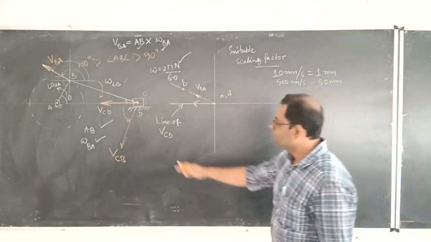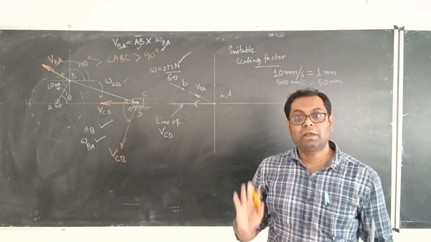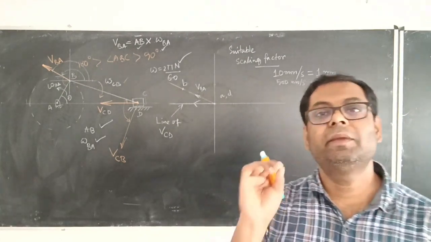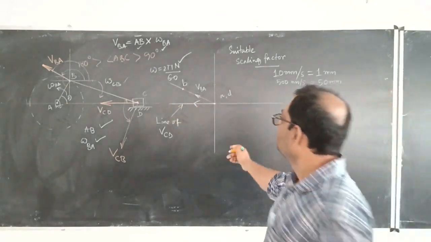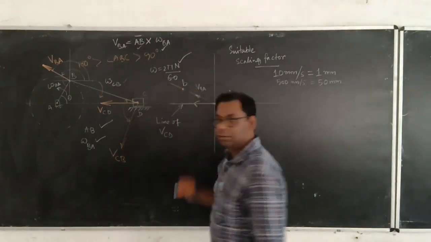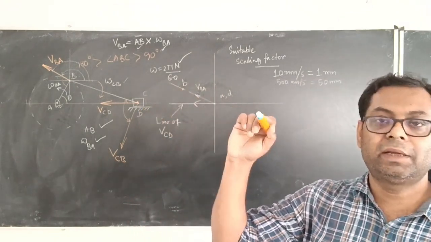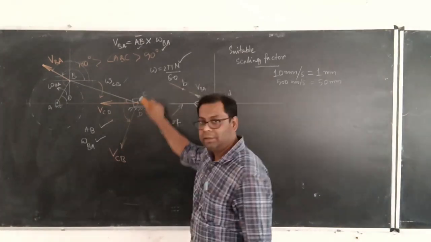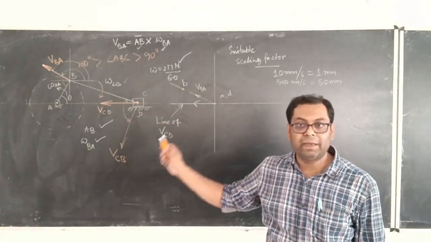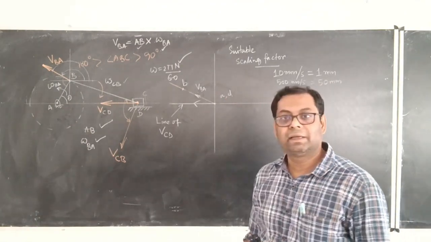Now next, that is velocity VCB, velocity of C with reference to B. So where is B in the velocity diagram? The point B is over here. From point B, there must be one vector acting in this particular direction, slightly downward, slightly left-hand side, something like that.